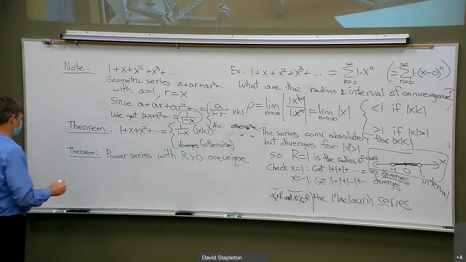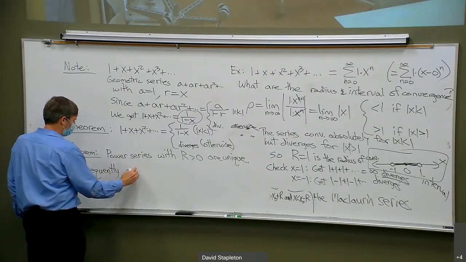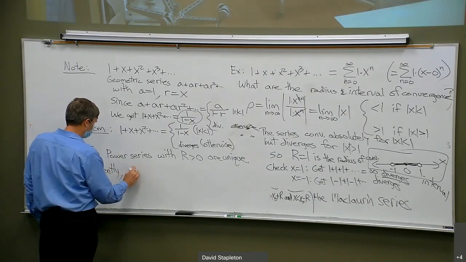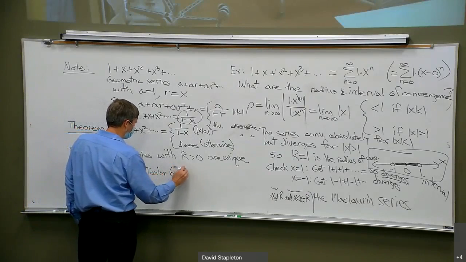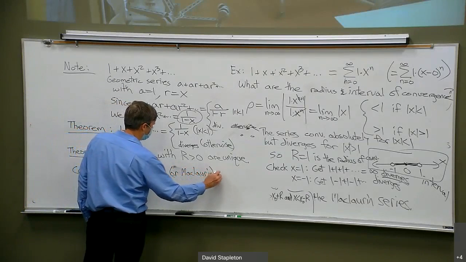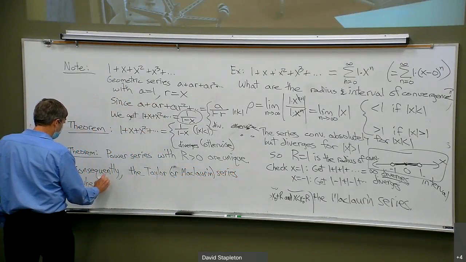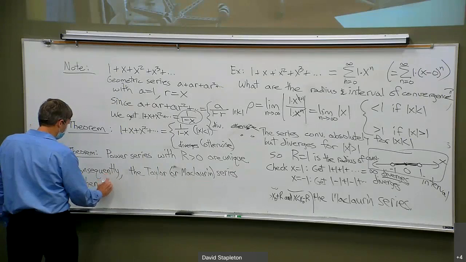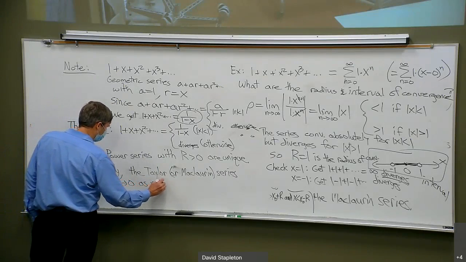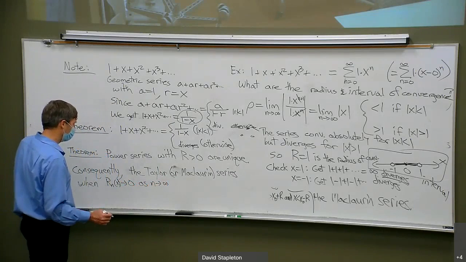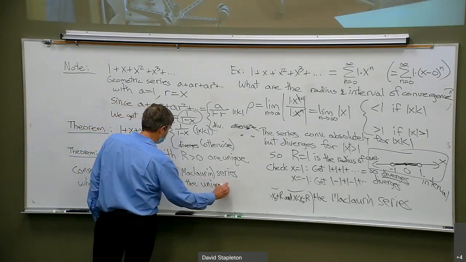And this has a very important consequence. Consequently, the Maclaurin series or Taylor series, when the remainder function Rn of x goes to 0 as n goes to infinity, is the unique power series for the function.